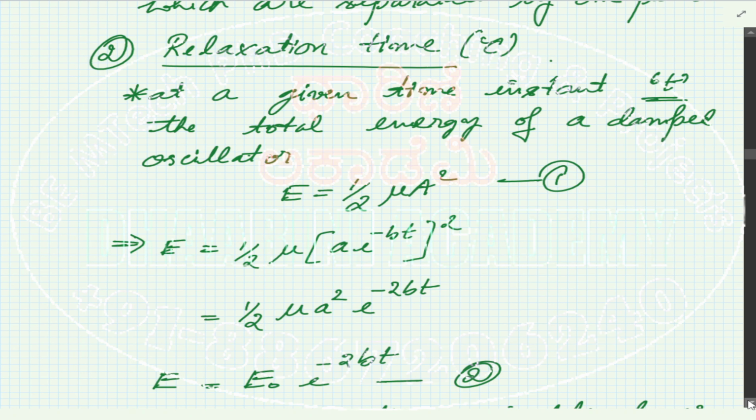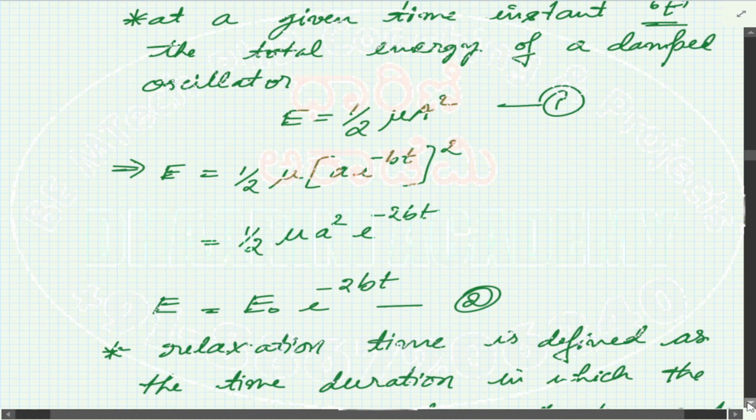After the substitution this becomes E0 into e to the power minus 2 beta t, half of mu into a square. That's what we call equation number 2.